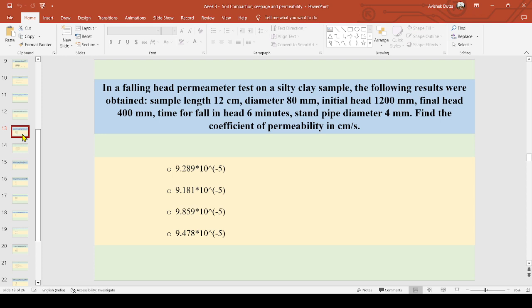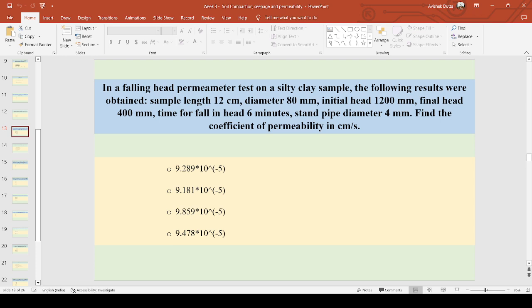Sample length is 12 centimeter, diameter is 80 millimeter, initial head is 1200 millimeter, final head is 400 millimeter, time for fall in head is 6 minutes, standpipe diameter is 4 millimeter. Find the coefficient of permeability in centimeter per second.